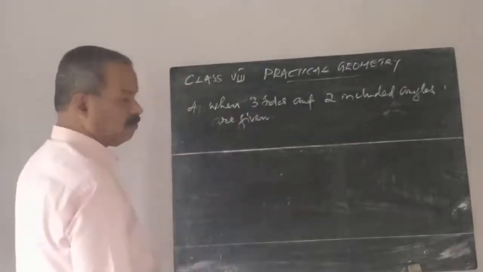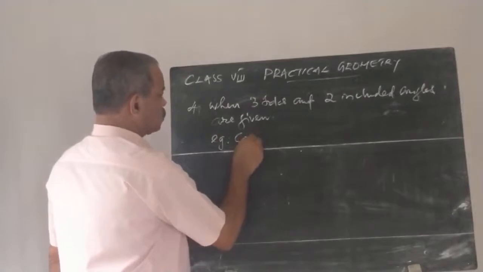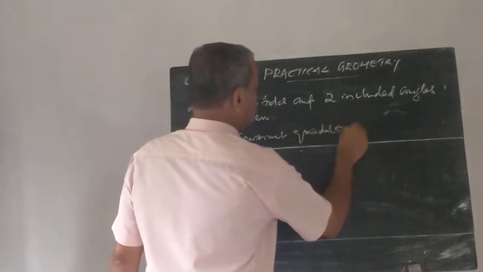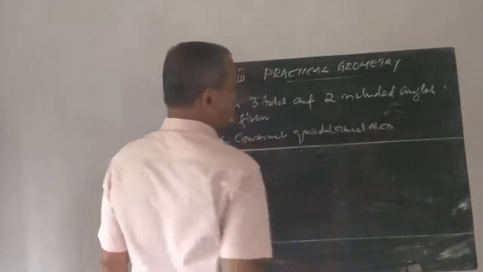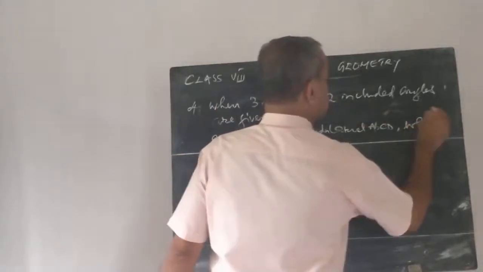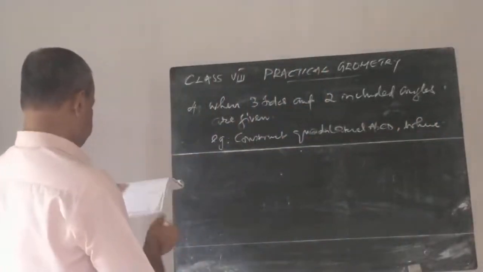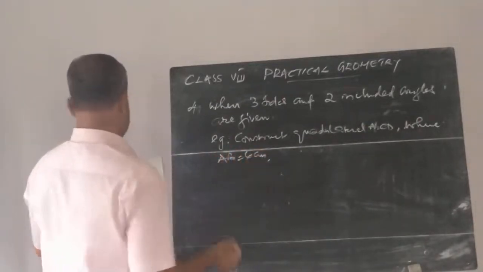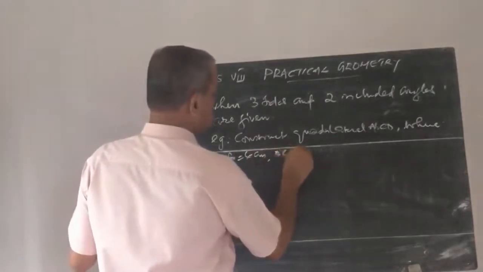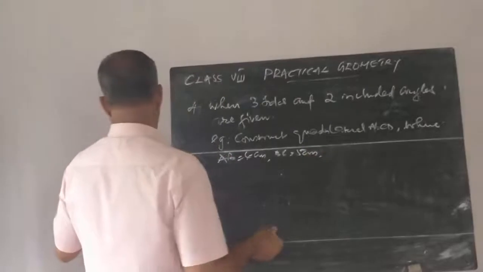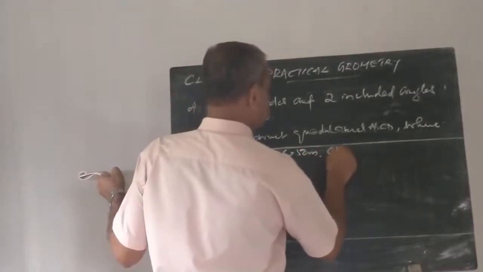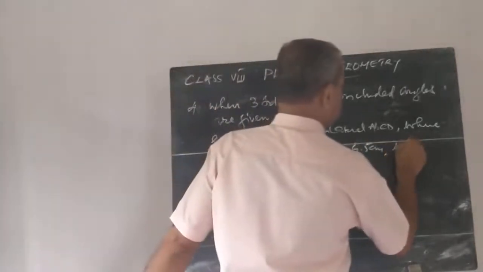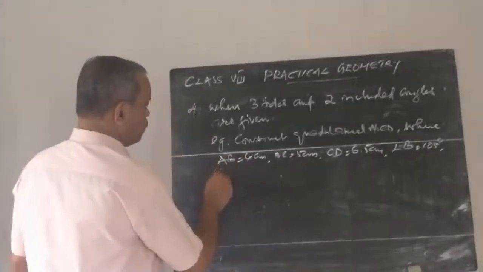For example, construct quadrilateral ABCD where AB is 4 centimeters, BC 5 centimeters, CD 6.5 centimeters, angle B 105 degrees and angle C 80 degrees.